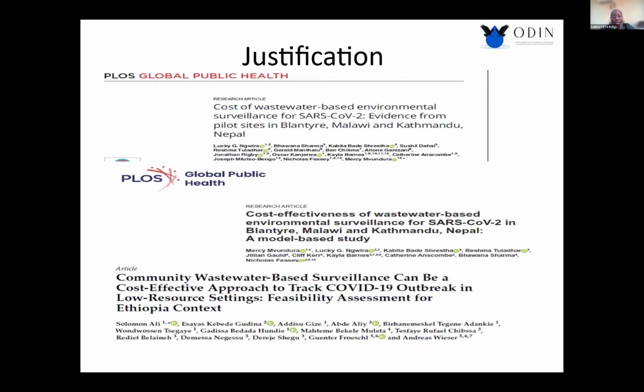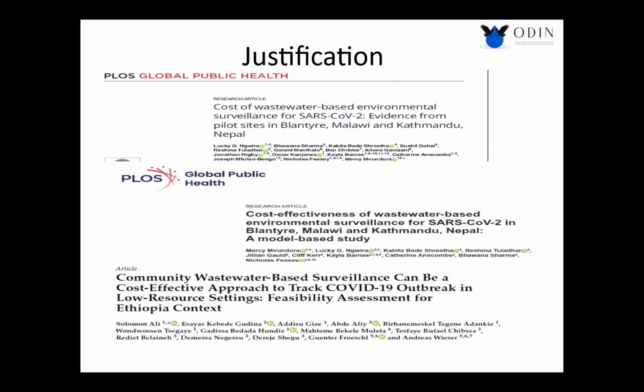First of all, wastewater surveillance, since COVID-19, has attracted interest from different governments and decision makers, because it's an innovative way to monitor the human pathogens at risk of outbreak.